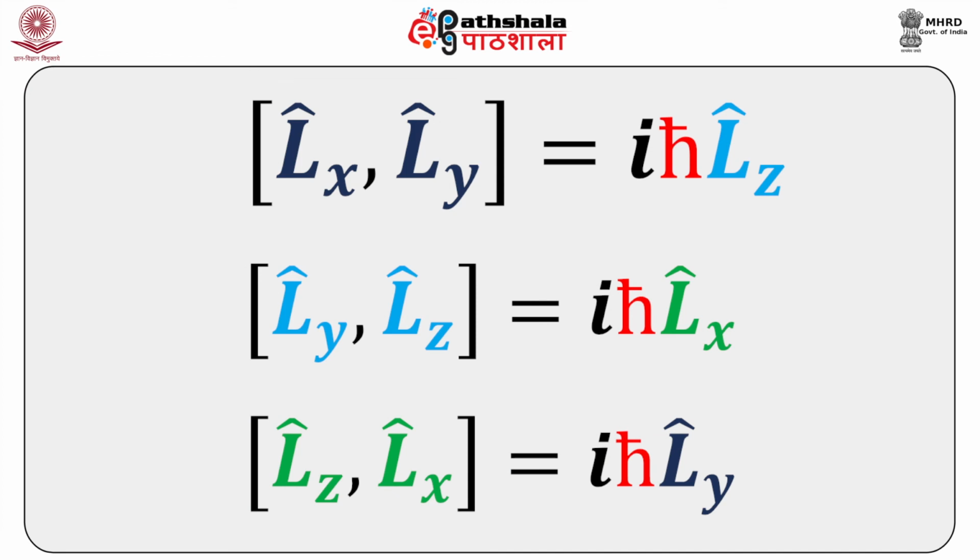That is, the commutation relation of [Lx, Ly] is equal to iħLz, and that between [Ly, Lz] is equivalent to iħLx, and the commutation relation between [Lz, Lx] is equivalent to iħLy. Further, we also derived the commutation relation between total angular momentum and the components of angular momentum, where we concluded that the total angular momentum and any one component of angular momentum can share simultaneous eigenfunctions, that is, they commute.